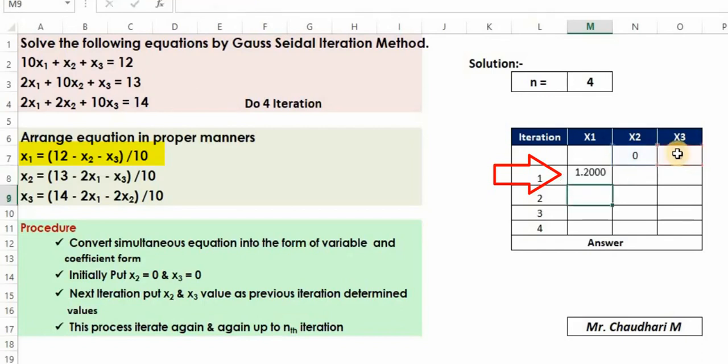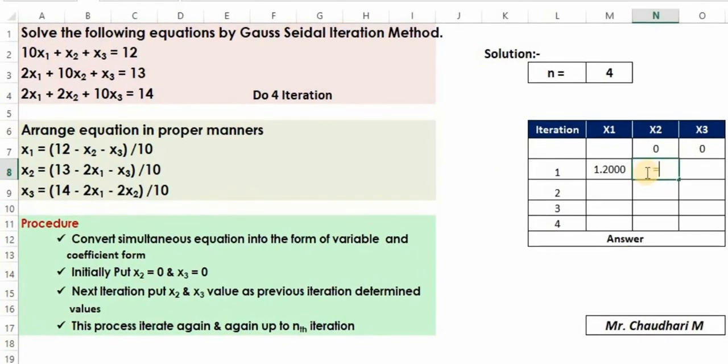Next, apply the same for the other formulas. x2 is equal to, in brackets, 13 minus 2 multiplied by x1. Here for x1 we have already found the value, so we select that value.